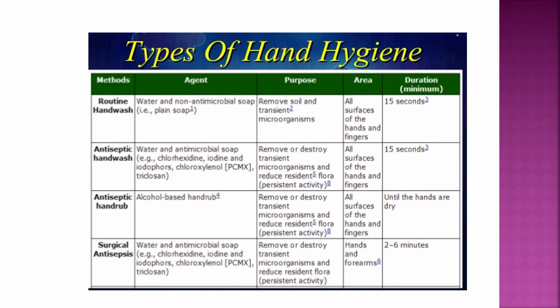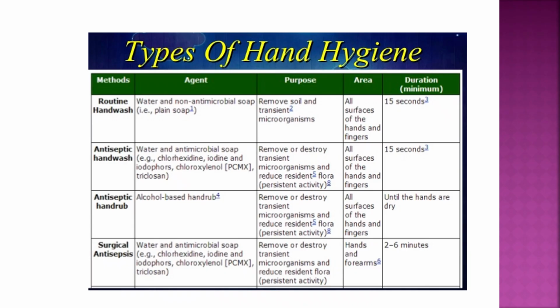So this chart shows the types of hand hygiene, then which agents we use, what is the purpose, area and duration. So routine hand wash, the first one. So in that we use usually soap and water. Purpose is to remove soil and transient microorganisms. So area used is hands and fingers. And then duration is minimum 15 seconds.